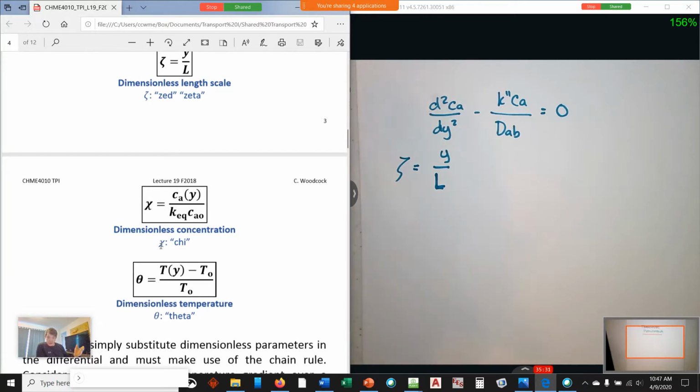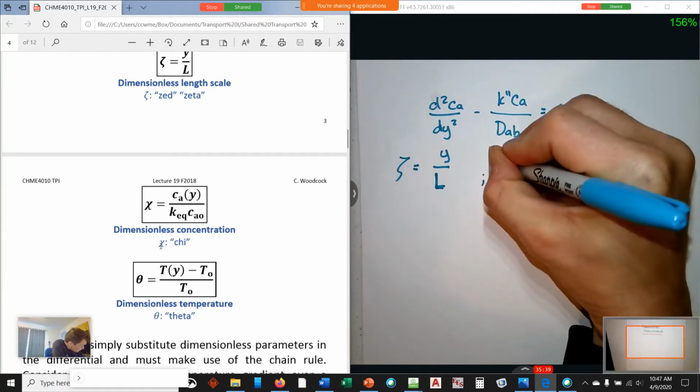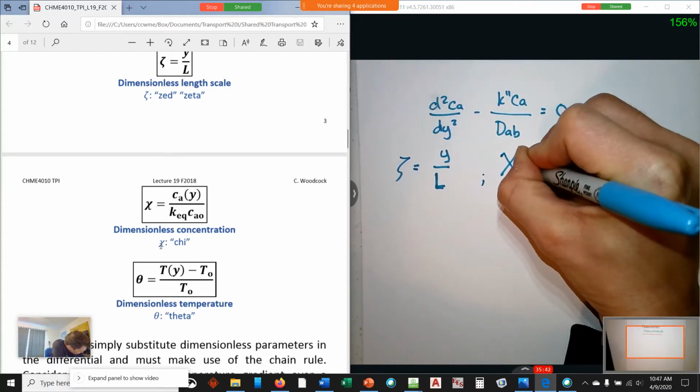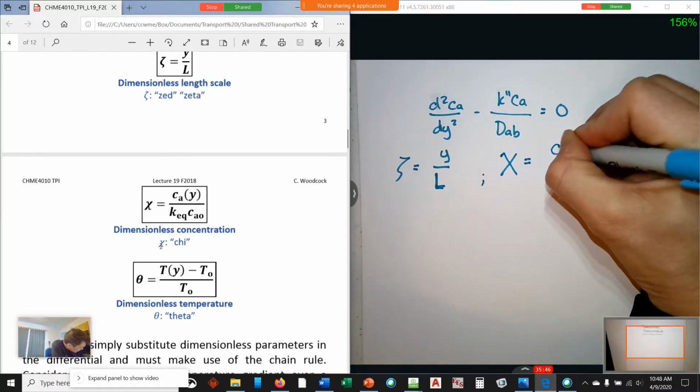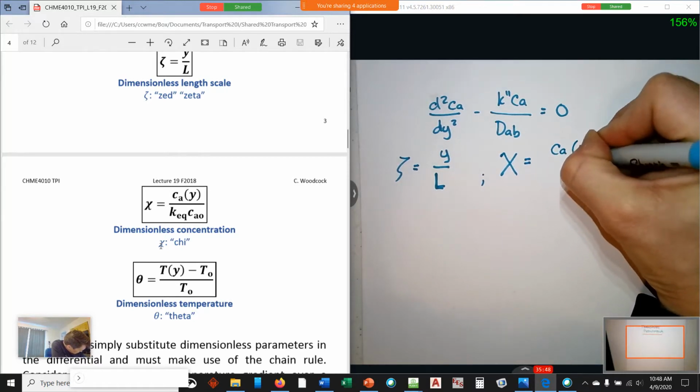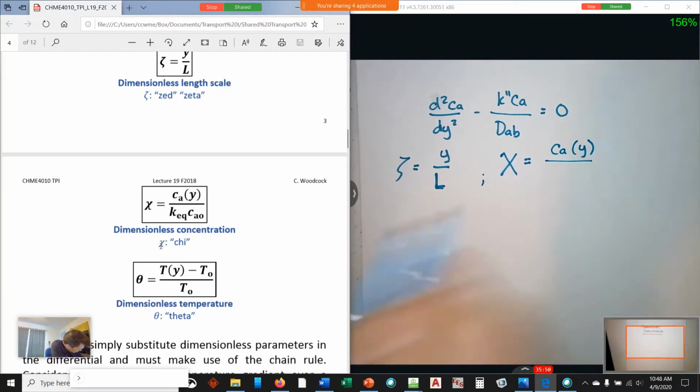Remember, we called the original concentration the partition coefficient multiplied by the feed stream concentration. Chi is going to be concentration as a function of y, all over KQCA.